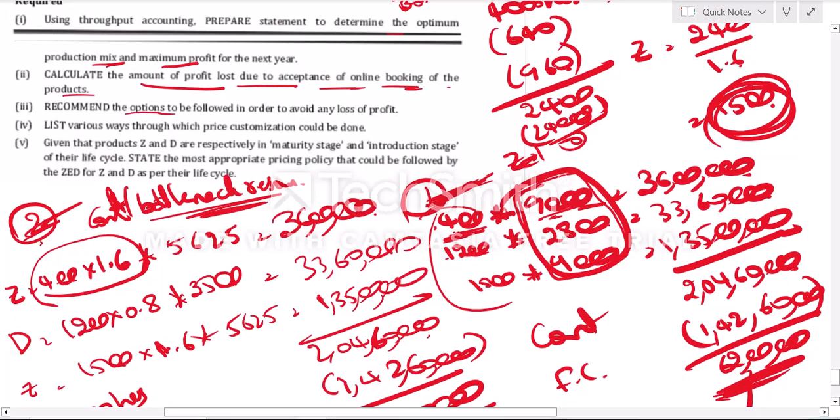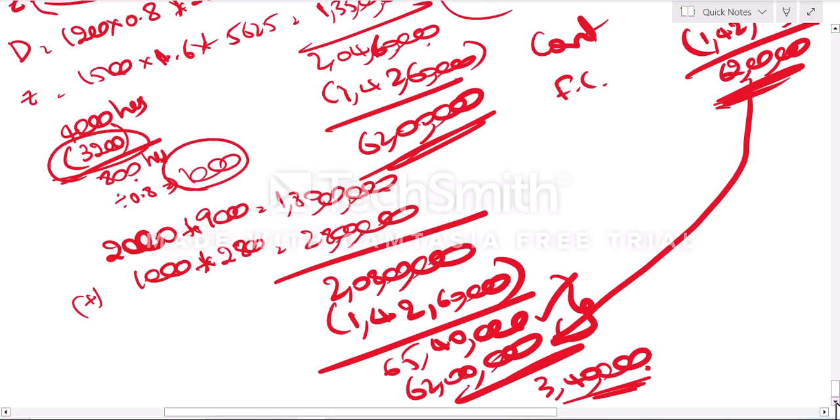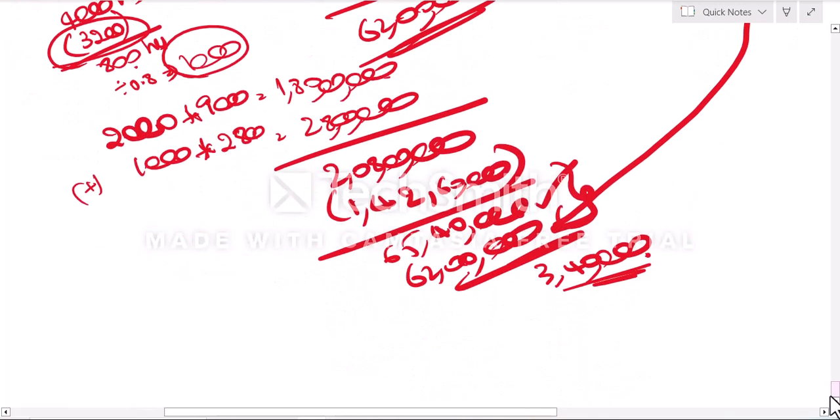Recommend the option to be followed in order to avoid any such loss of profit. So what should we do to avoid such losses? First, we have just calculated some loss due to giving priority to online customers. So in order to avoid such loss, give priority to Z because it is giving a high throughput accounting ratio.